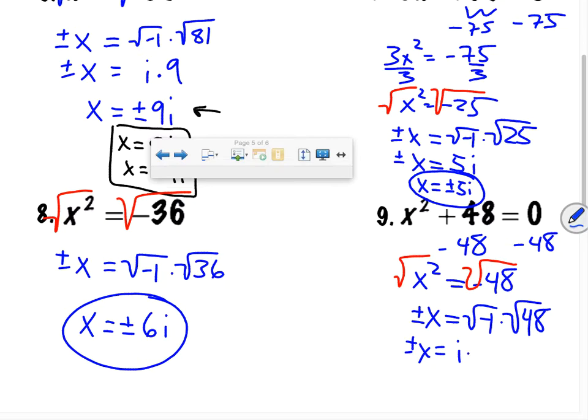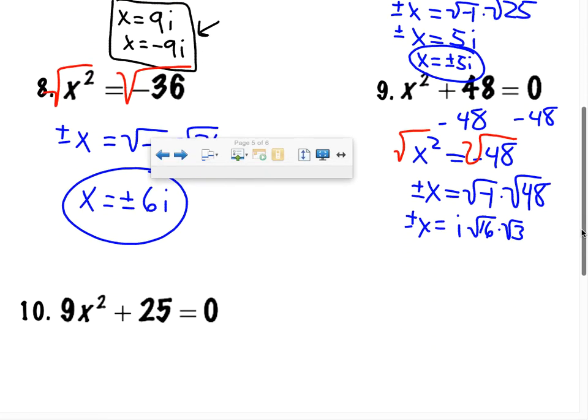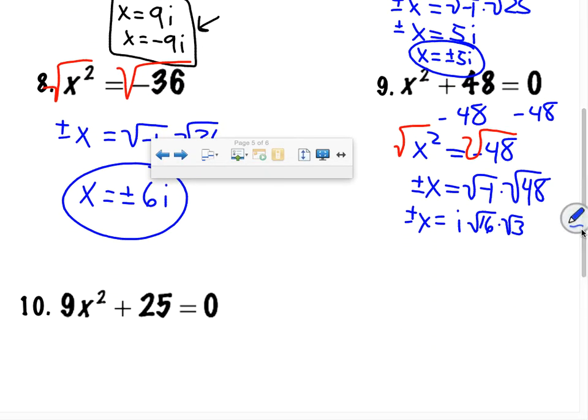So we could write this as the square root of 16 times the square root of 3. We picked a perfect square because we know what the square root of a perfect square is. The square root of 16 is 4. So the final answer is x equals plus or minus 4i times the square root of 3.